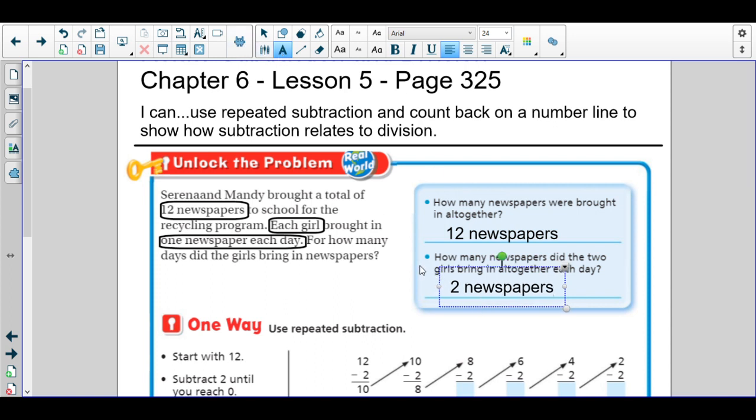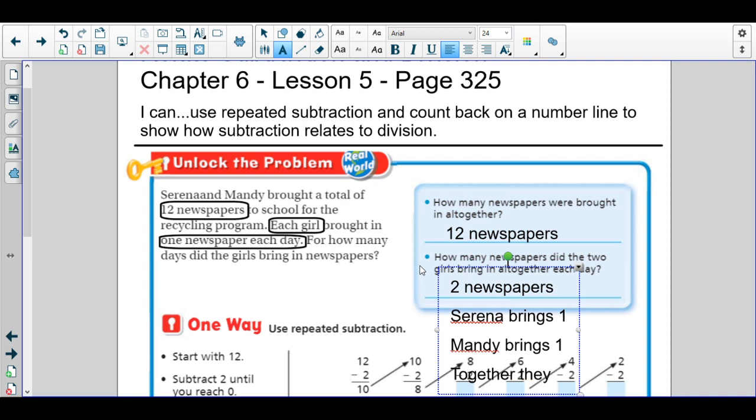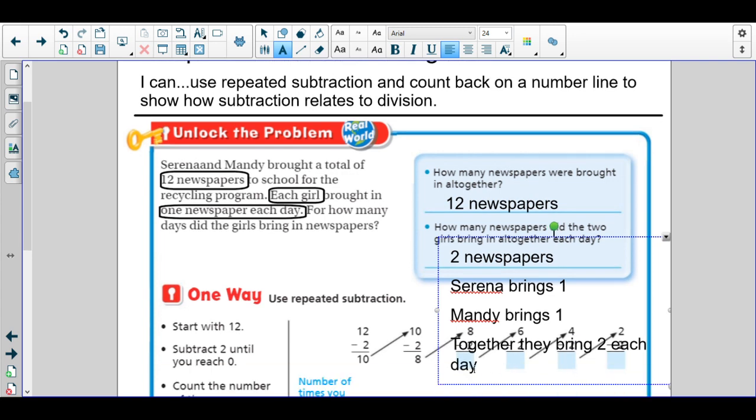Okay, and we could even say, down here that Serena brings one, Mandy brings one. Together, they bring two each day.